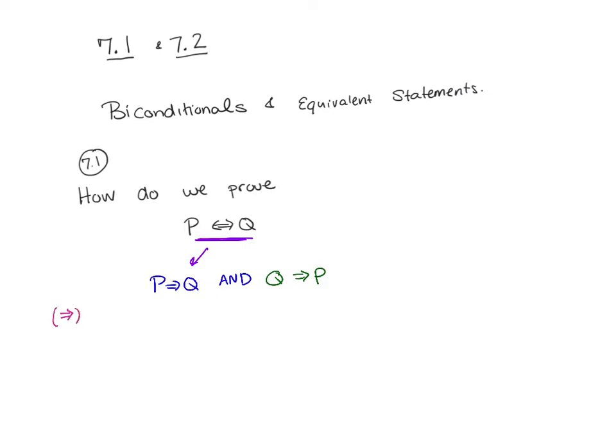So I'll put that in the margin as we're working. Then I'll prove the first part, P implies Q, that conditional. And then when I'm done, I'll do the other part. I'll prove that Q implies P.